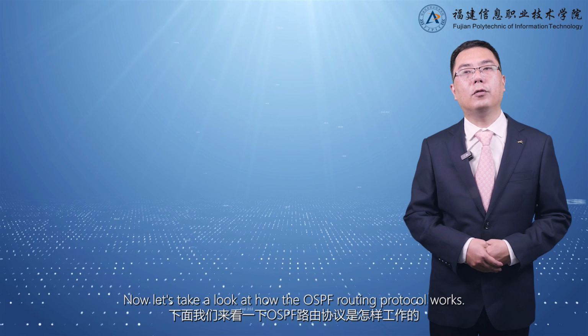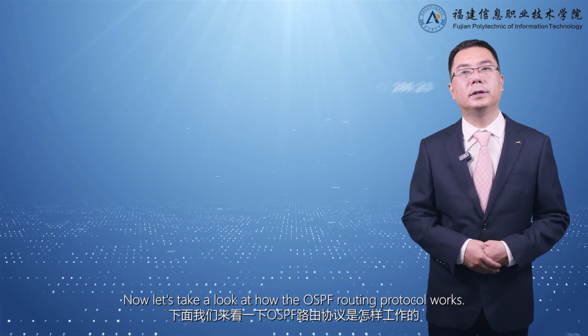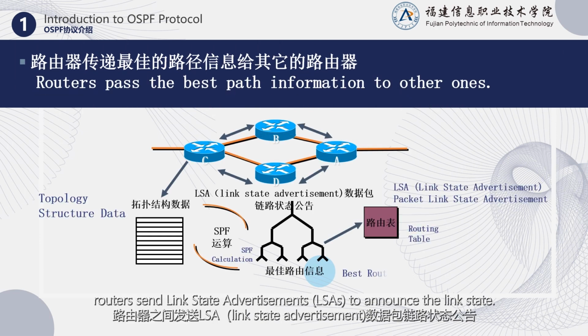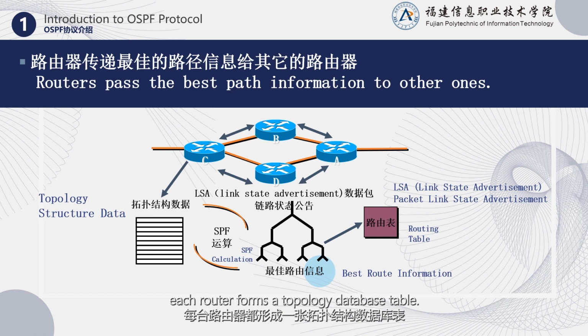Now let's take a look at how the OSPF routing protocol works. In the topology, routers send link state advertisements, LSAs, to announce the link state. Based on the LSA advertisements, each router forms a topology database table.